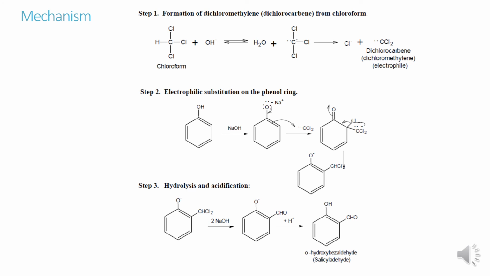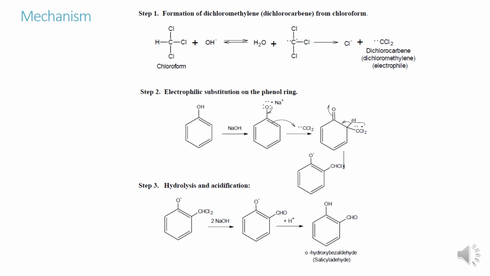In the later stage, this phenoxide ion, on hydrolysis and acidification, gives ortho-hydroxyaldehyde or para-hydroxyaldehyde. Ortho-hydroxybenzaldehyde means salicylaldehyde. One more is para-hydroxybenzaldehyde. So this is how the mechanism takes place, in three steps.